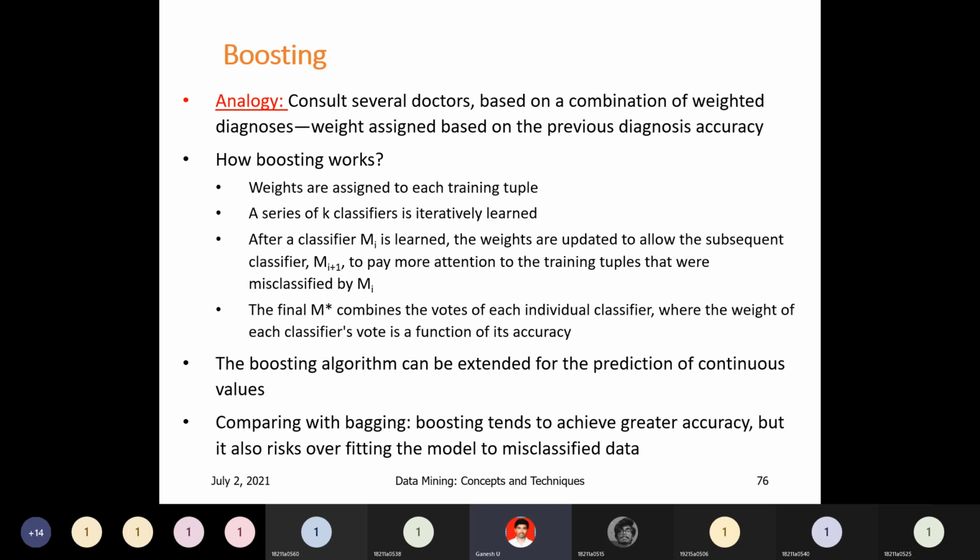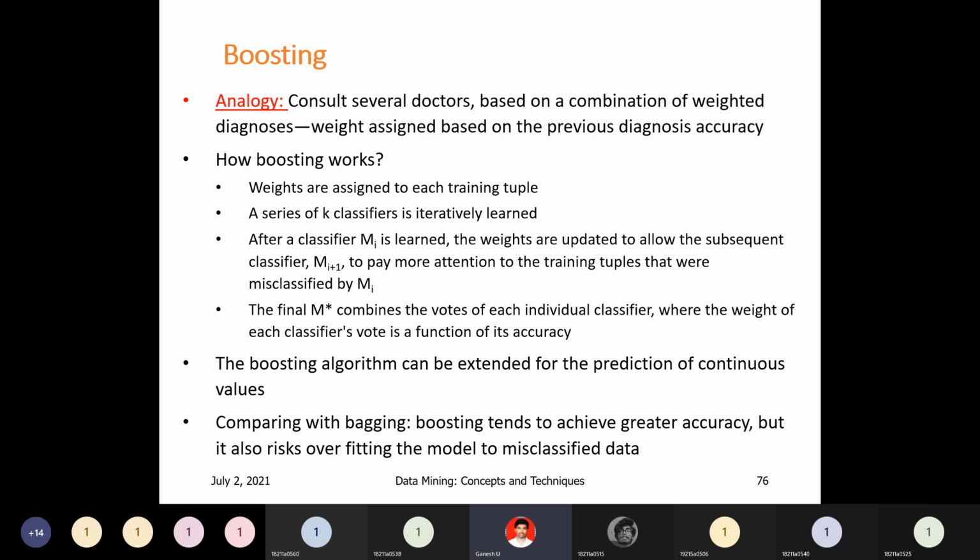If M1 gives 3% error, M2 has to give at least 2.99, and M3 has to give at least 2.88. That may be a minute difference, but it has to improve. The error rate has to decrease and accuracy has to increase, and that can be done by boosting. Model by model, the accuracy should be improved.